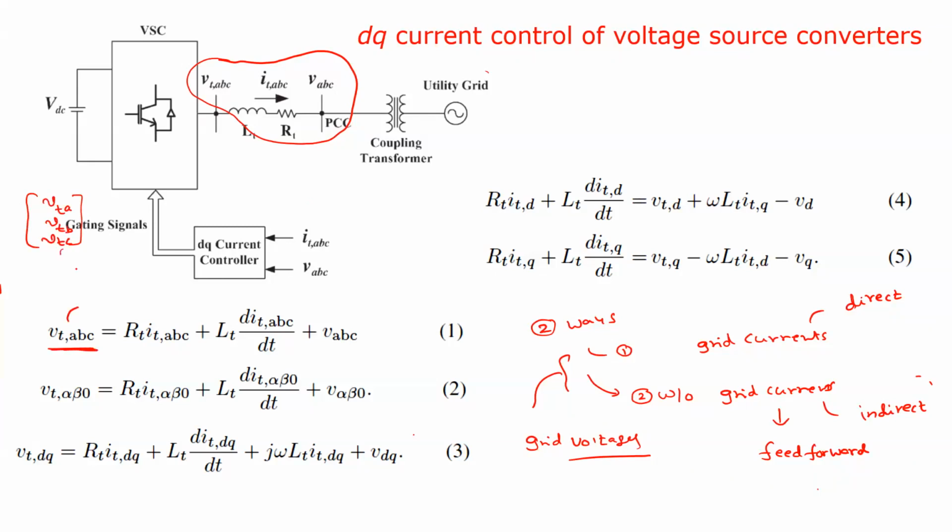So this entire thing can be written as VTABC equals RT into ITABC, where ITABC is ITA, ITB, ITC, a 3 by 1 matrix, plus LT into d(ITABC)/dt, plus the grid voltage VABC.